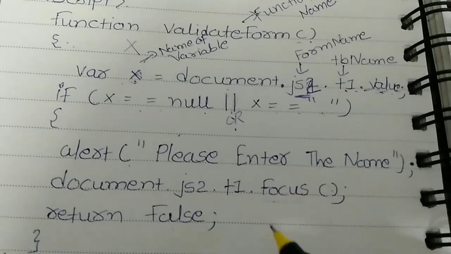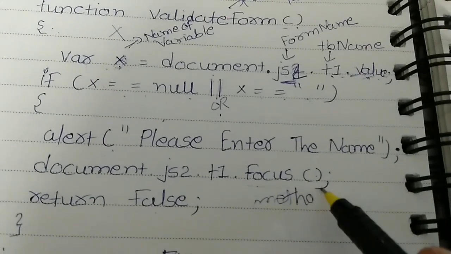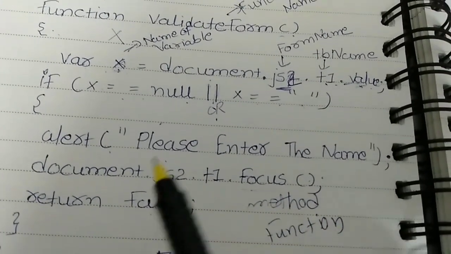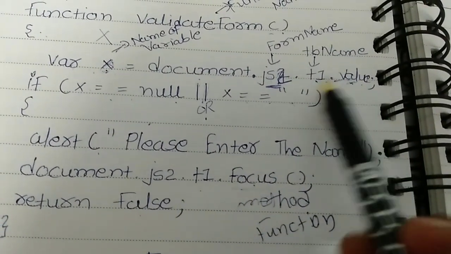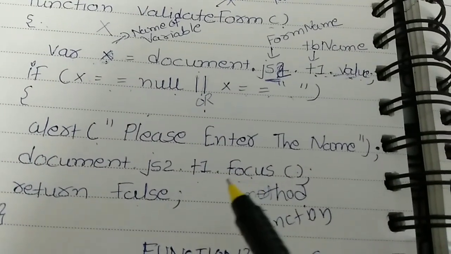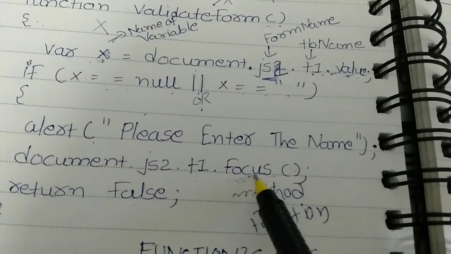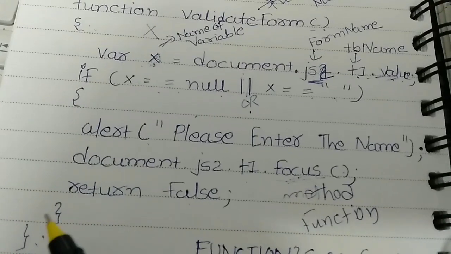Which method? Method and function both are the same. I have written value over here and I have written the focus method. The focus method is used to focus the user that you have to write your name here, and return false.